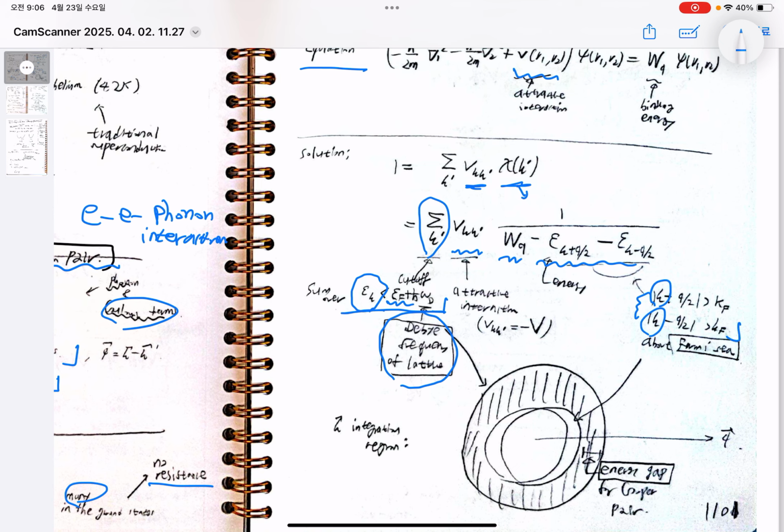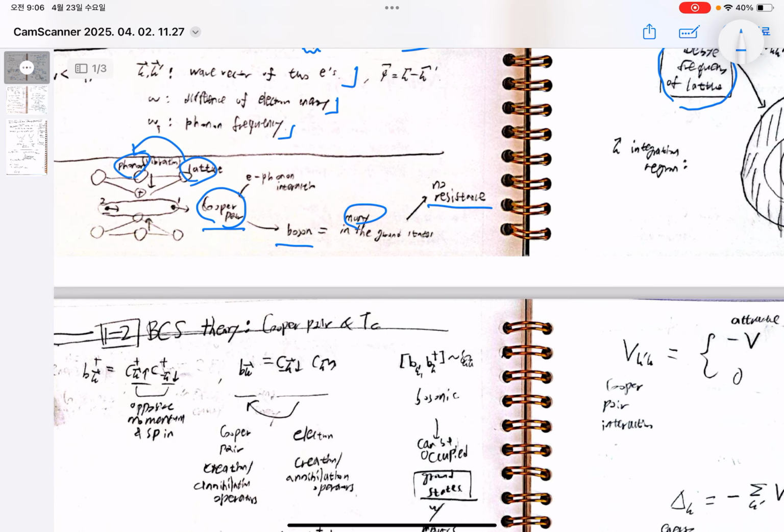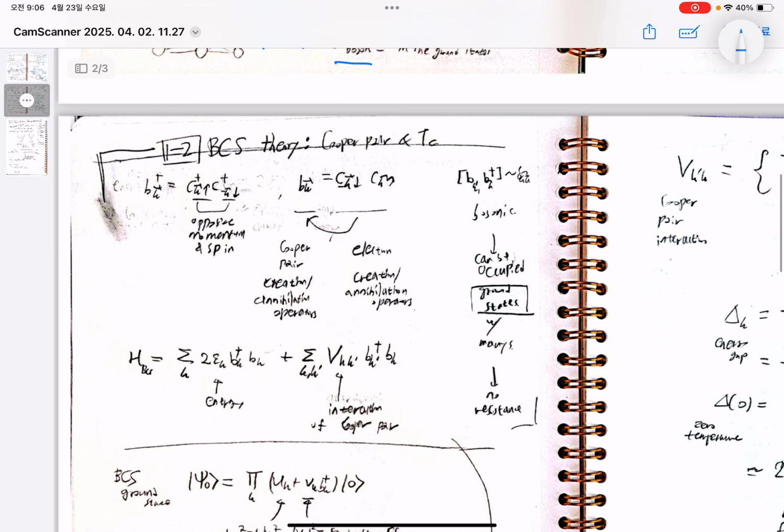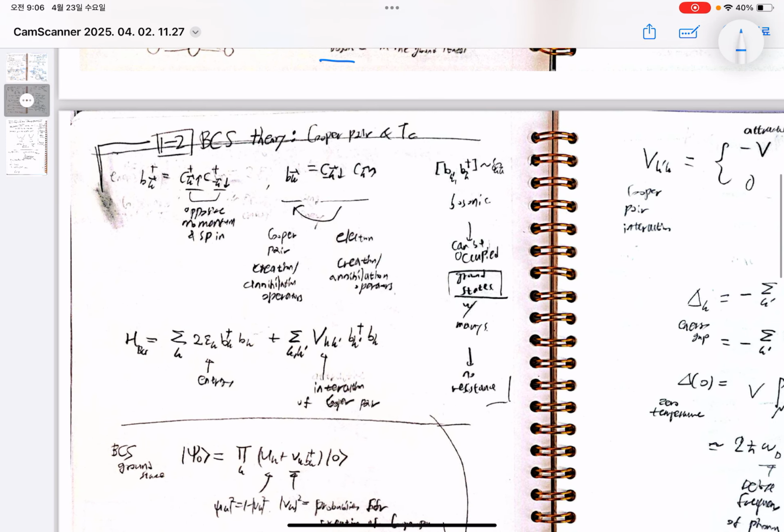So by using the two kinds of inequality, we can find the energy gap for the Cooper pair. This is the momentum space. There will be the upper bound of the energy epsilon k associated with momentum k, and there will be the lower bound, the electron momenta allowed from the Fermi sea with a small deviation. And we can see that there is an energy gap for the Cooper pair.